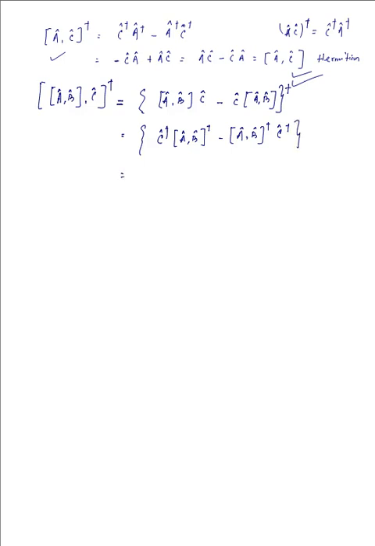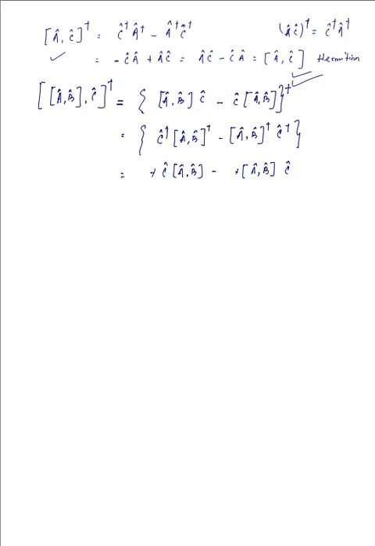Now C is anti-Hermitian, so this is minus C. The commutation of AB is anti-Hermitian as well, so this is minus of minus, so the minus cancels out. This is going to be just the commutation of AB. Then we have this as a negative of the commutation of AB, anti-Hermitian, and then negative of C, and the negative cancels out once again.